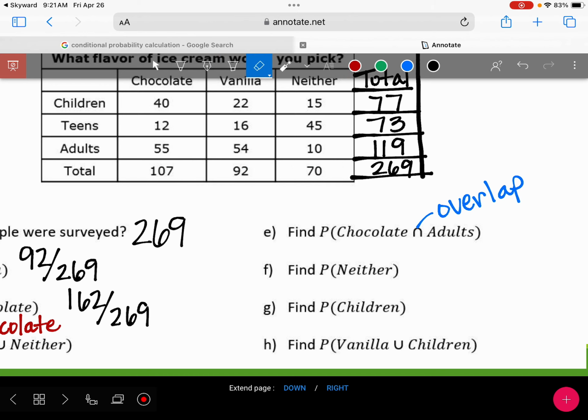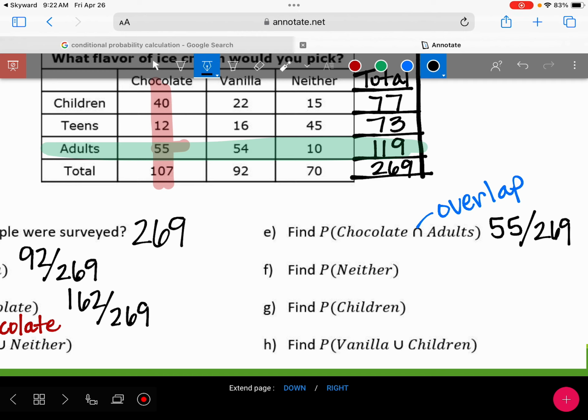So chocolate is here and adults would be here. So what's the number that I highlighted green and pink? 55. So question E, the overlap is 55 over 269.